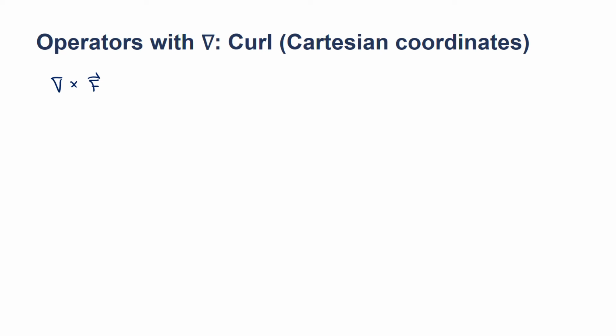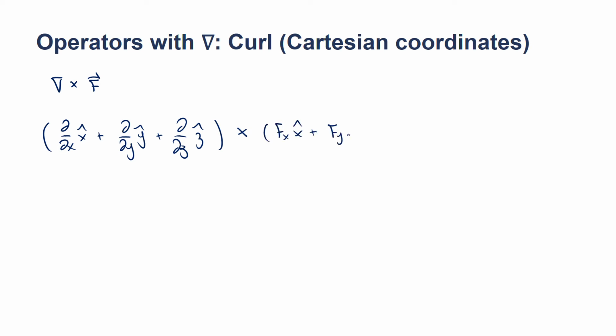Again, we can substitute in the expression for the del operator, shown here. And now we will take the cross product with f, which we again expand in terms of its x, y, and z components.